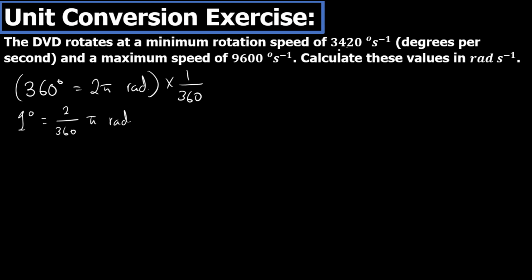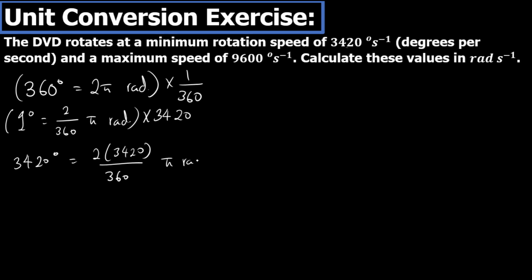Now, since we have 3,420, I can take this equation and multiply it by 3,420. And what I will have is 3,420 degrees is equal to 2 times 3,420 over 360 pi radians. So 3,420 degrees is approximately 19 pi radians.